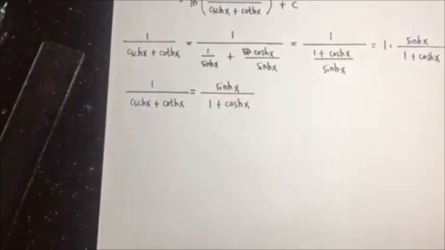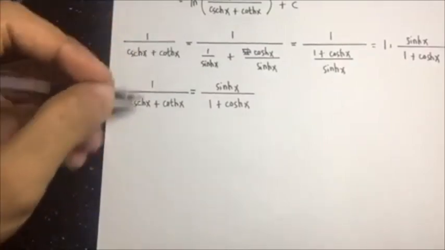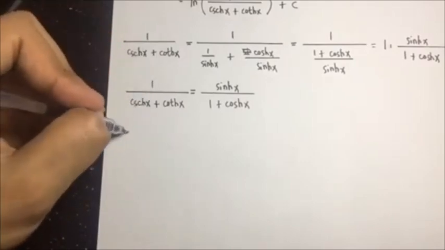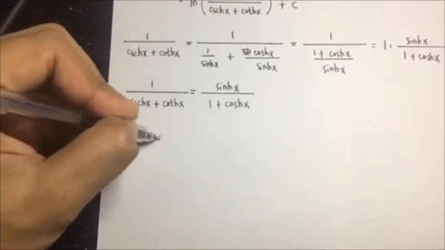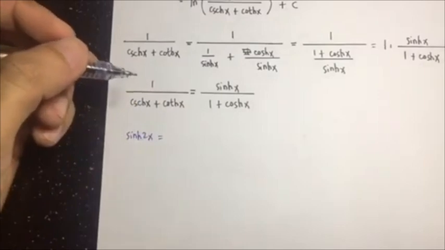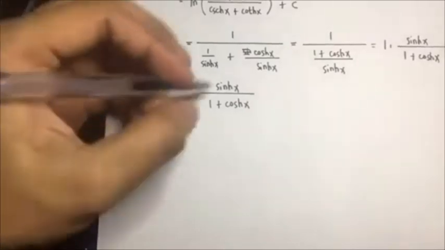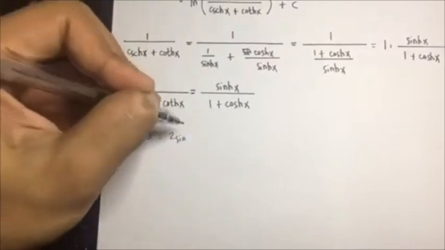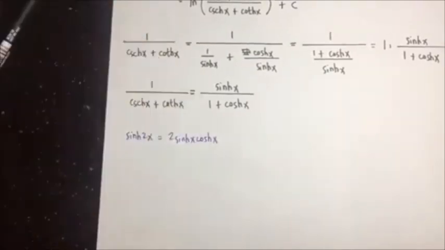So recall that hyperbolic sine of 2x is equal to 2 hyperbolic sine of x hyperbolic cosine of x.